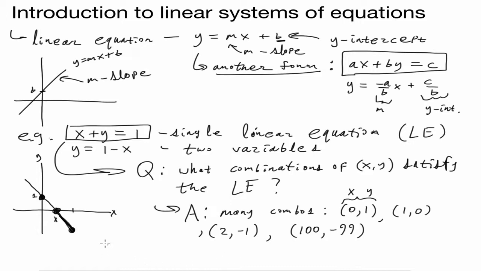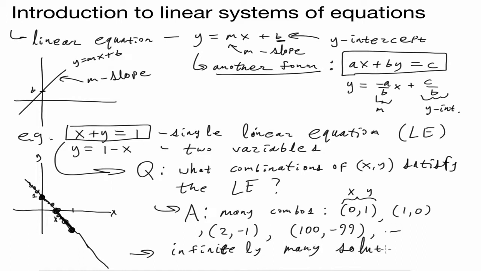That would be somewhere way, way down there. Okay, and the list goes on. So what we actually see here is that there are infinitely many solutions. That's a solution, but all these points in between are also solutions, and that's what forms this line. So there are infinitely many solutions.